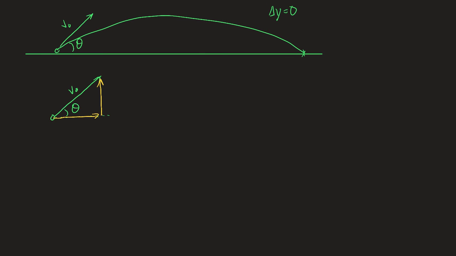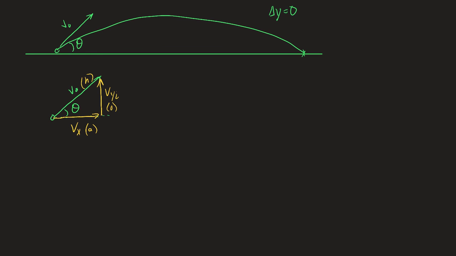So constructing a triangle around the angle, just like we talked about last week, I'll label this Vx and this Vy initial. And I'll recognize that this is the opposite side, this is the adjacent side, and this is the hypotenuse. You should do sine and cosine to figure out what each of these components are.